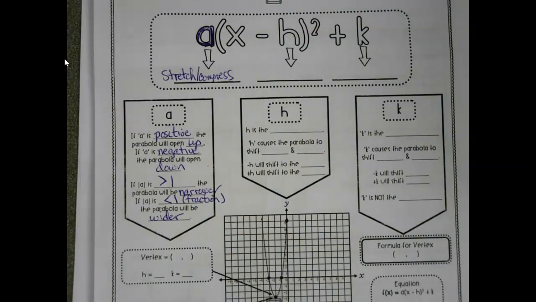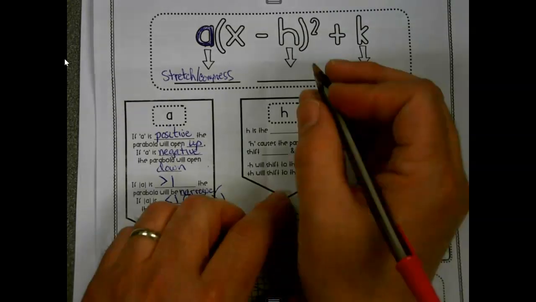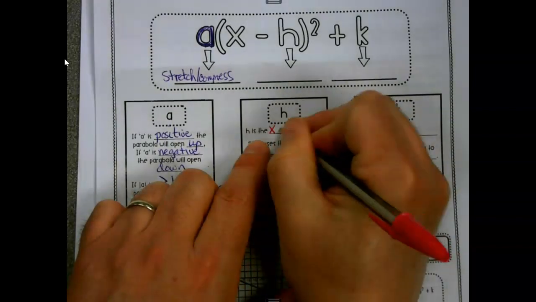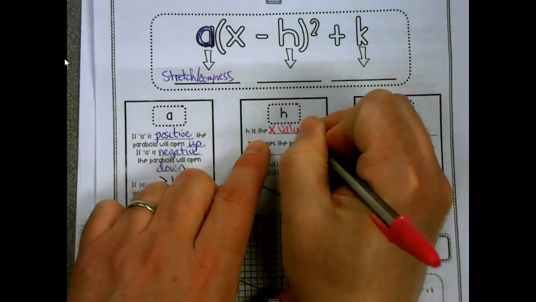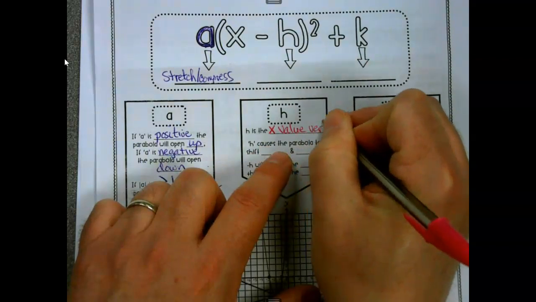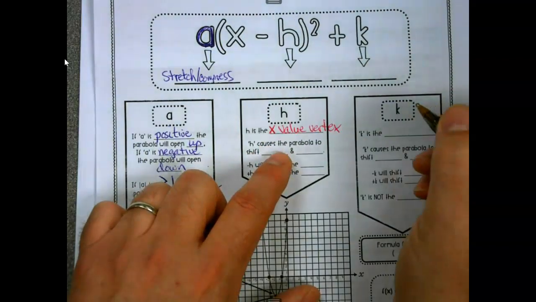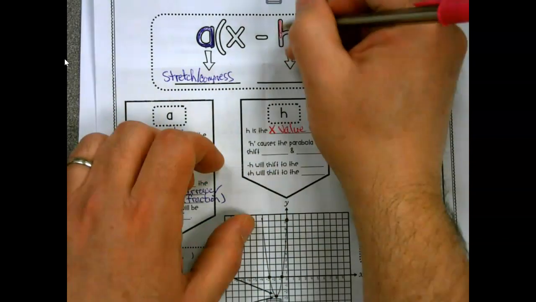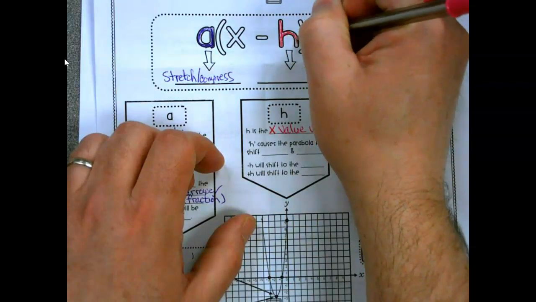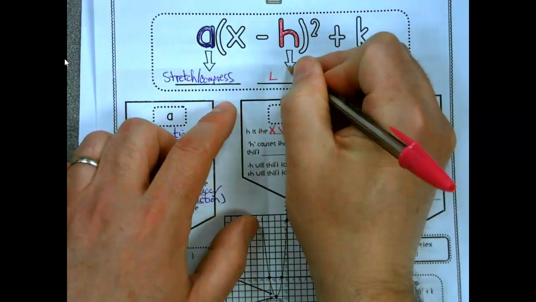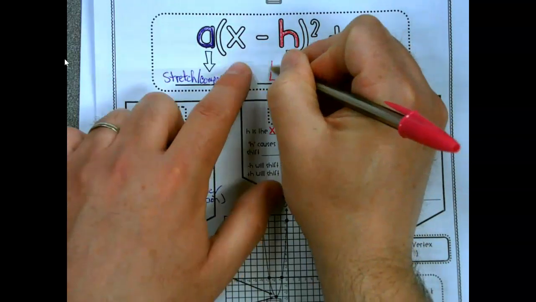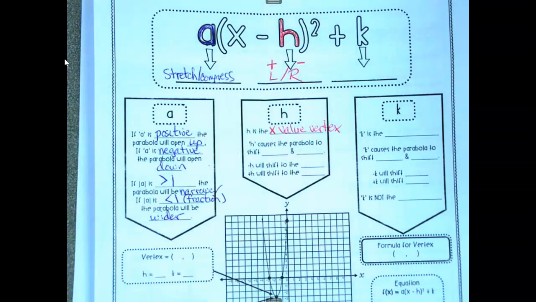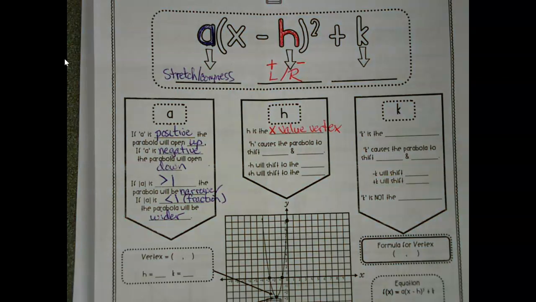Okay? Now, H. Okay? H is the X value. That H is gonna tell me if I'm going to the left or if I'm going to the right with my graph.